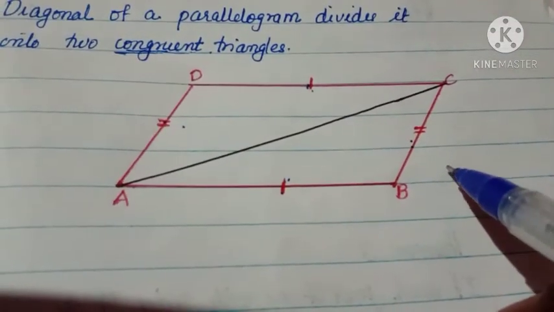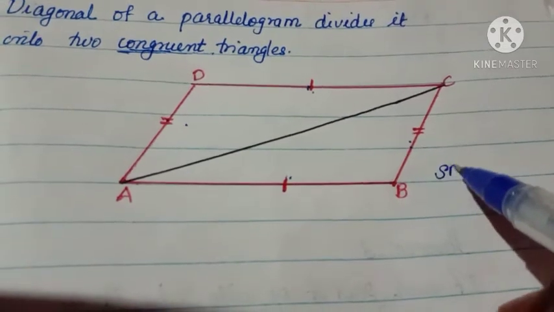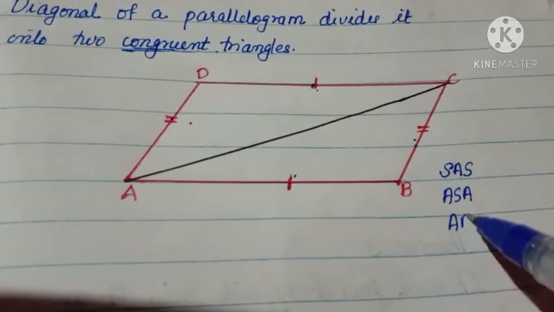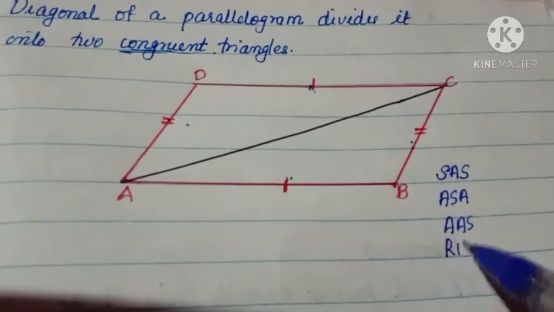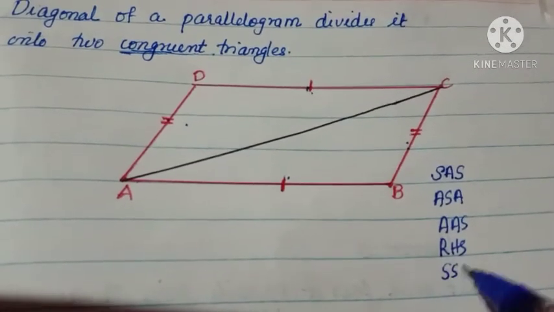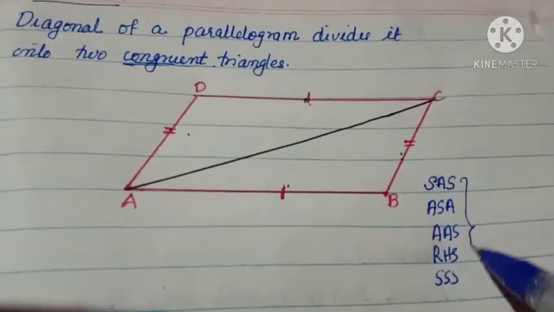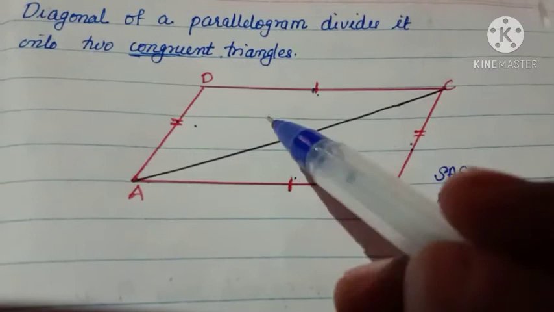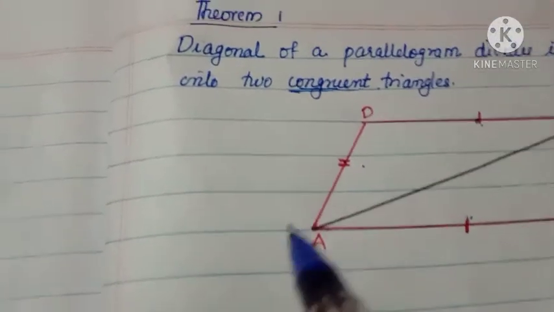Listen, in the chapter on triangles we learned the SAS, ASA, AAS, RHS and SSS congruence rules. So using these congruence rules we need to prove that triangle ABC and triangle ADC are congruent to each other.